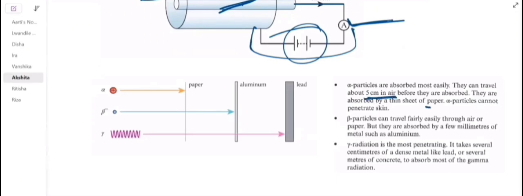And they cannot penetrate the skin. Beta particles fairly easily pass through paper and air, but they get absorbed in a few millimeter of metal sheets. Gamma radiations are most penetrating. They take several centimeter of dense metal like lead, or concrete, to get absorbed. Okay, understood? Yes, ma'am.